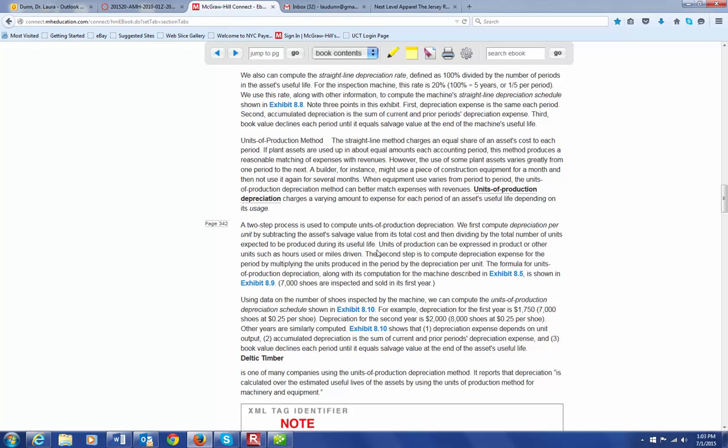So you're not doing it by the number of years that you think it's going to be useful, but by the total number of units that you think will be produced. And then, once you know the total number of units, you compute the depreciation expense by multiplying the units actually produced in the period by the depreciation per unit cost that you came up with.